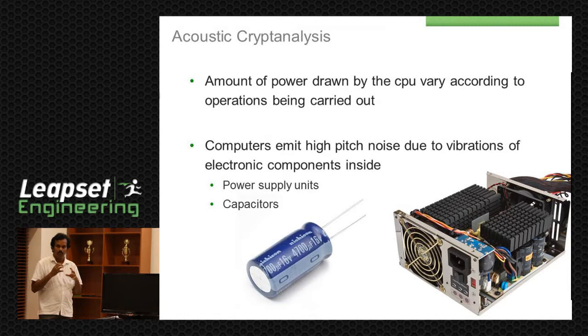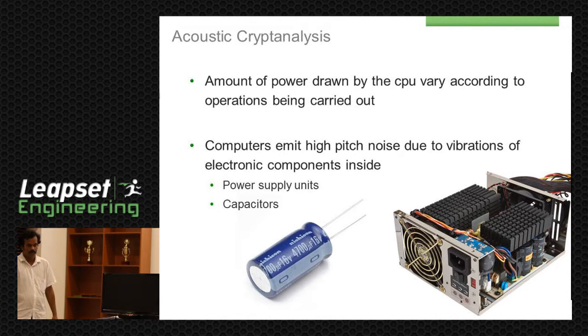So there's a power supply circuit that gives power to the processor. It tries to regulate the power when the processor is requesting varying amounts of power. It has capacitors and other equipment inside it. People have found that these capacitors make high frequency noises.